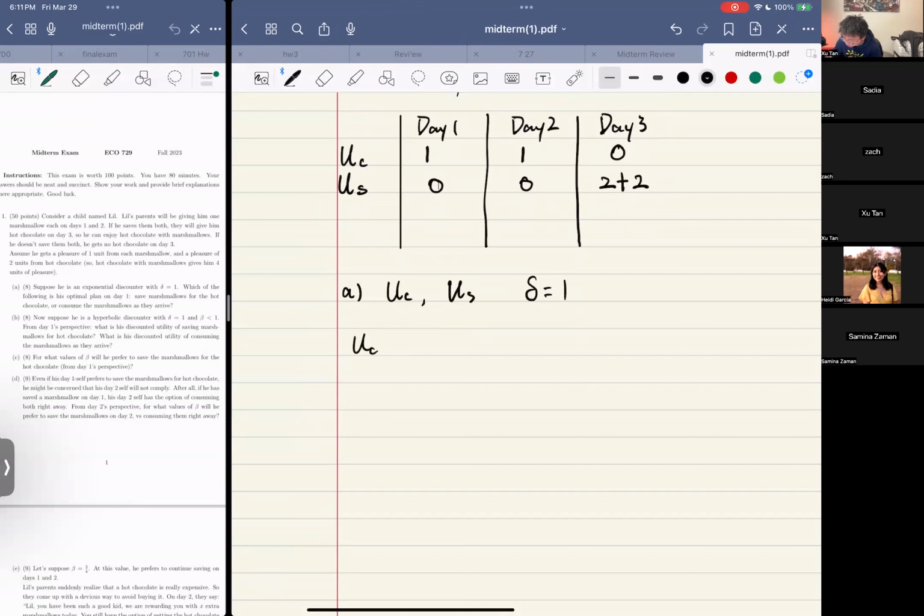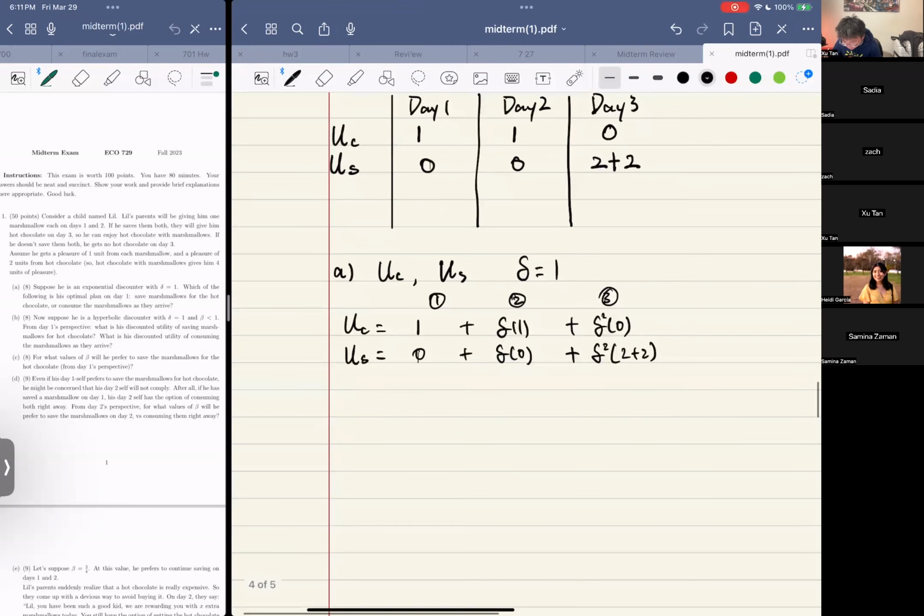So UC will equal, this is day 1, this is day 2, this is day 3. U of consumption is 1 plus delta 1 plus delta of 0. U of saving is equal to 0 plus delta of 0 plus delta squared of 2 plus 2.